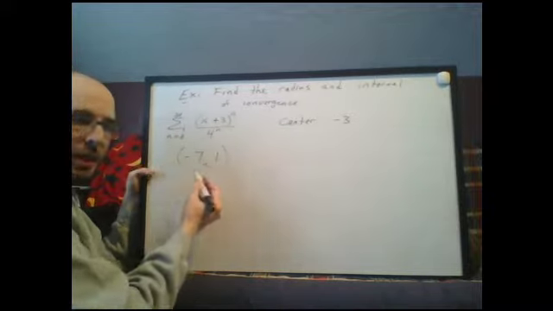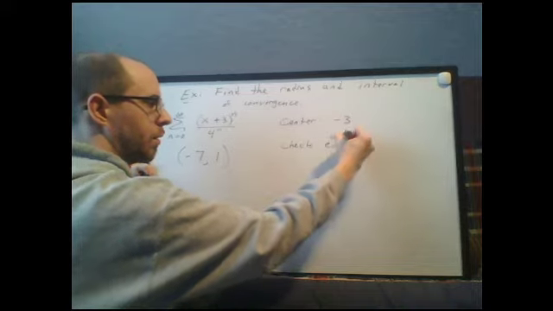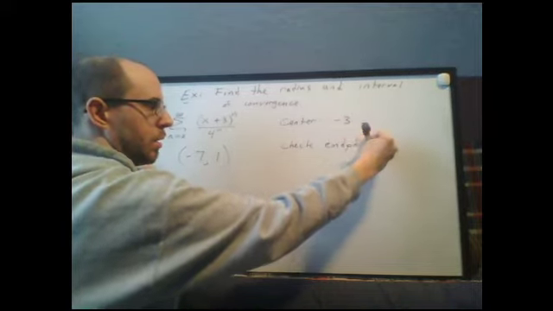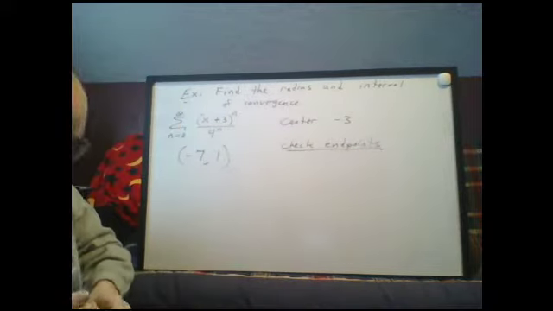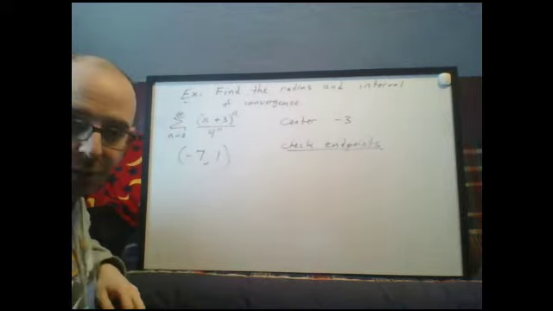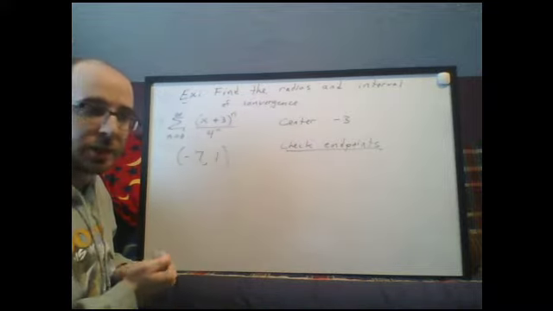So now I have to check the endpoints, because the endpoint x values are the x values for which my root test would have been inconclusive. So I have to check those with some different test.